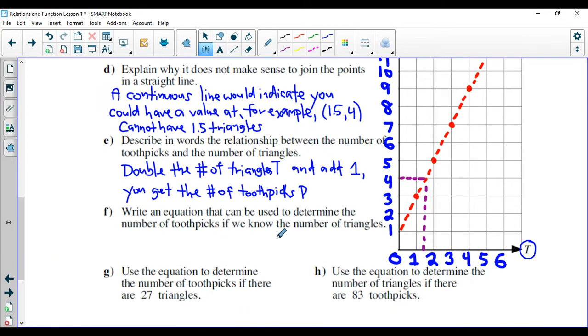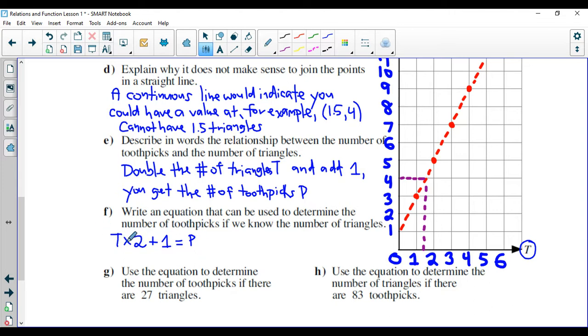Okay, F says what's an equation that can be used to determine the number of toothpicks if we know the number of triangles? Well, we'll just take our complete sentence from part E and write a mathematical equation. So basically, if you take the number of triangles and you double it, so that'd be multiplying by 2, and then you add 1, that would be equal to the number of toothpicks, which would be P. But let's rewrite the equation so we have P on the left-hand side.